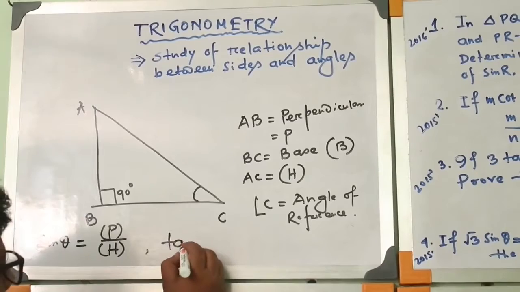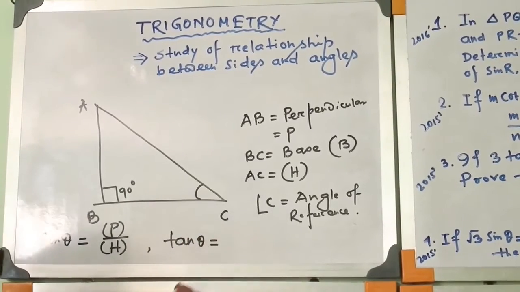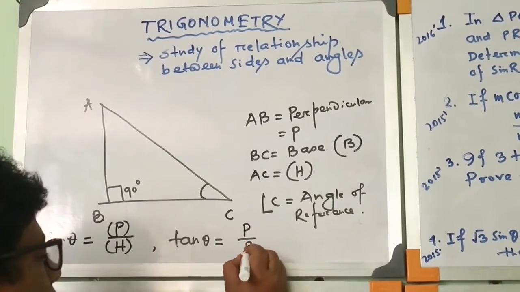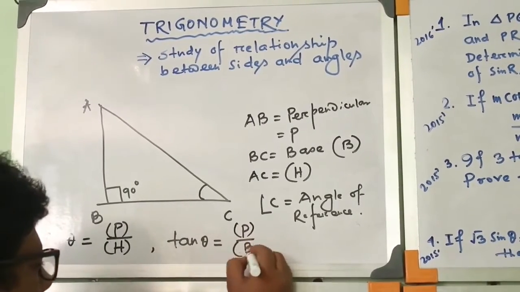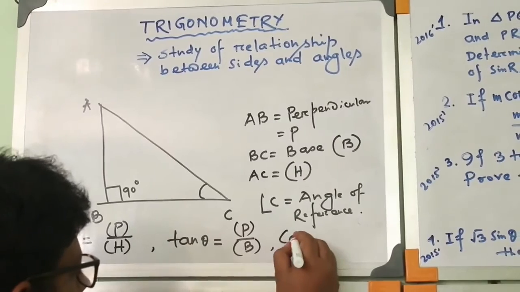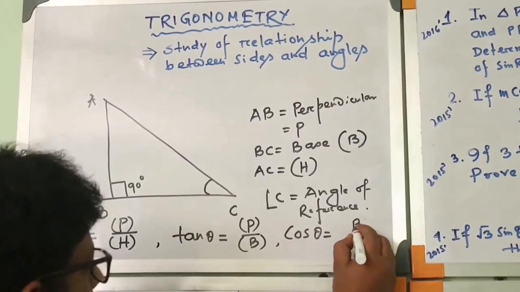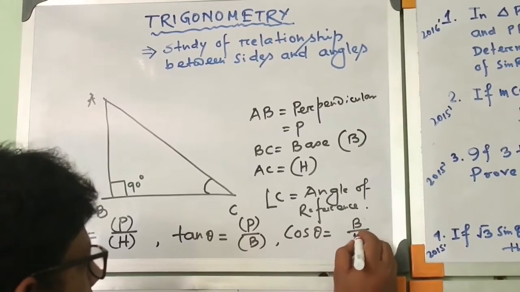Tan theta is equal to perpendicular by base, and cos theta is base by hypotenuse.